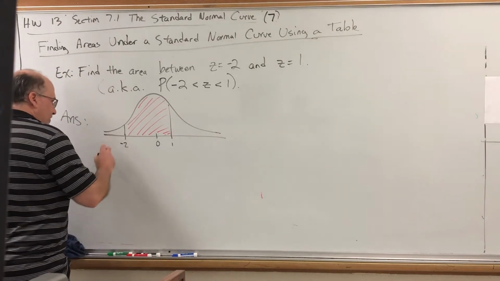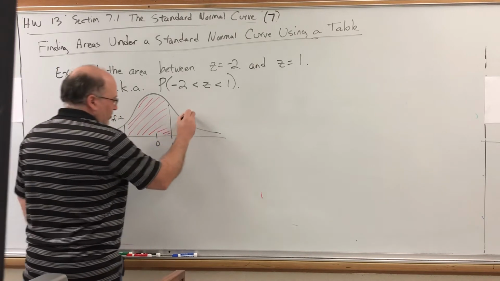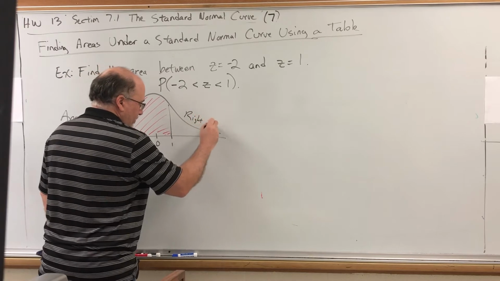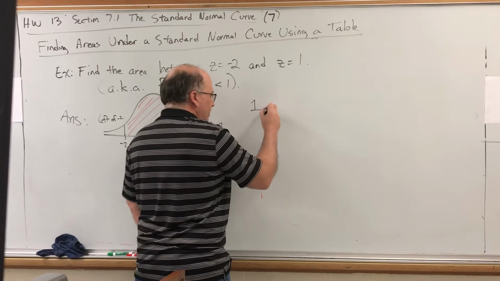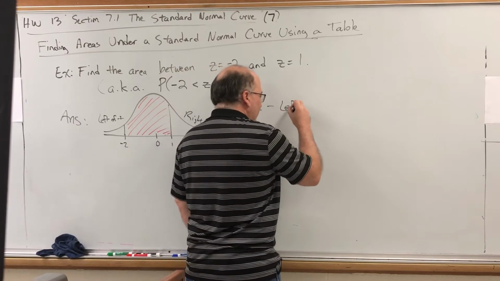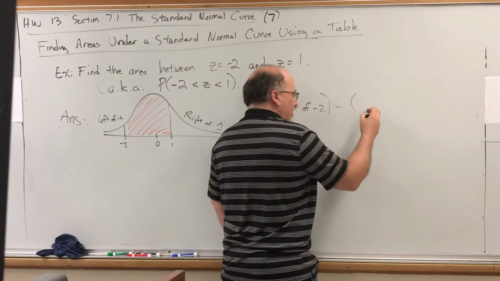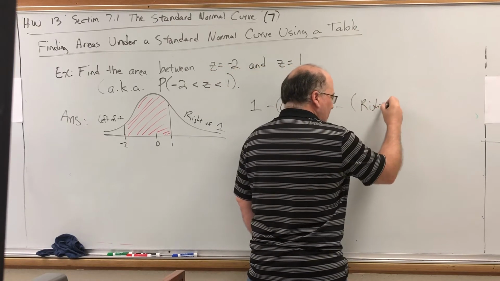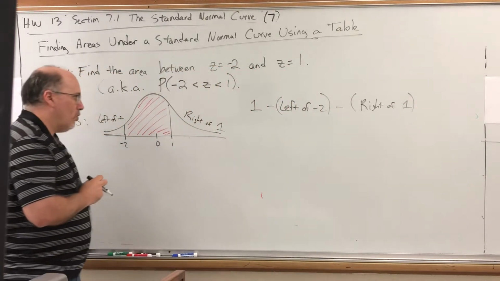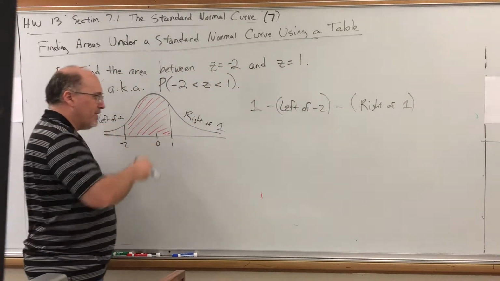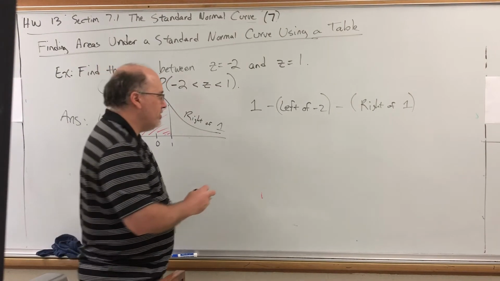If this is to the left of -2, which it is, and this is to the right of 1, then the answer we're looking for is 1 minus the area to the left of -2 minus the area to the right of 1. But how do we find the area to the right of 1?